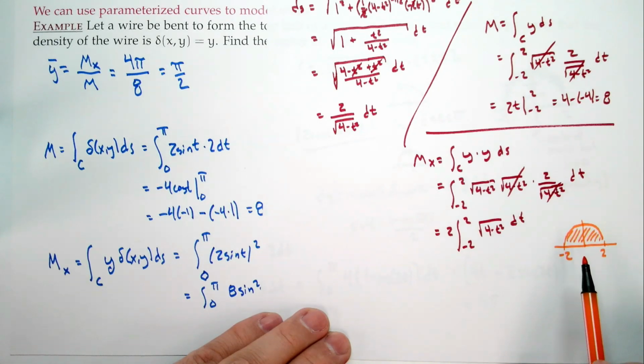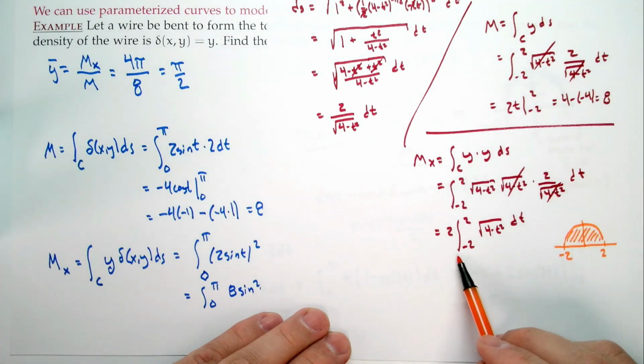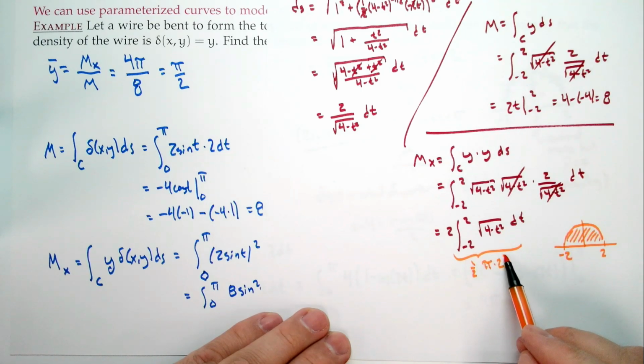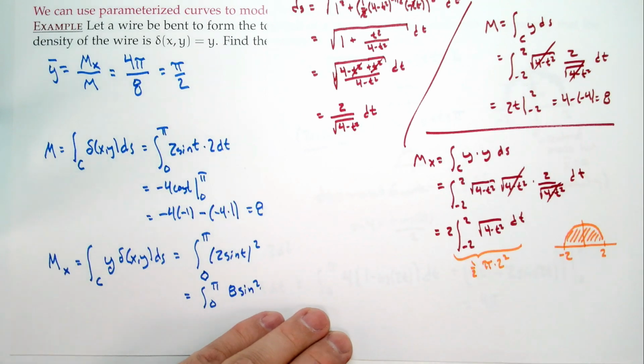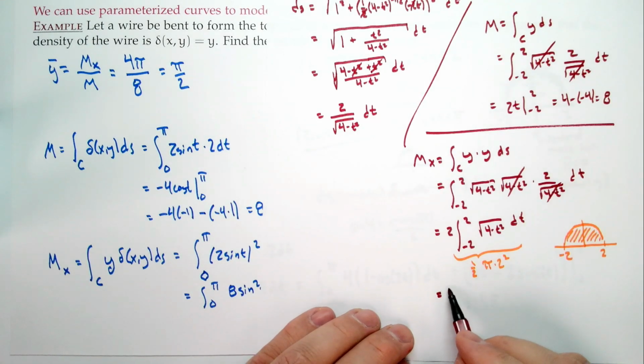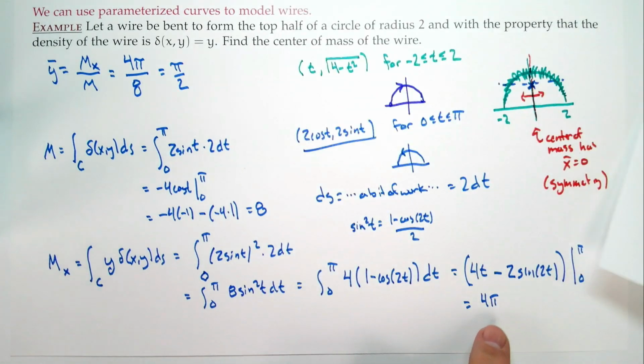Well, that's half of a circle of radius 2. So, this integral is 1/2 of pi 2 squared. And therefore, we get that our total for m sub x is going to be 4 pi. Look, same as before.